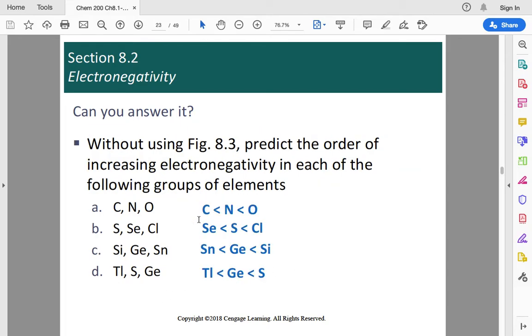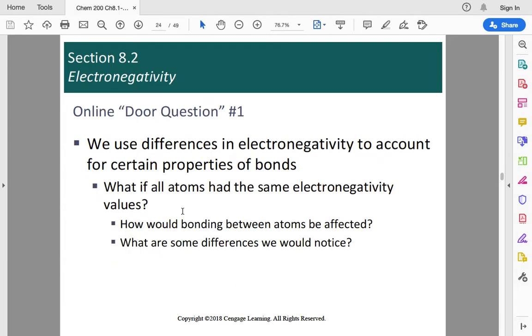So I'm just going to go through this first one with you really quick. You can look at the other ones, but they all follow the trends. We know that carbon is more to the left than nitrogen, then oxygen to the right. And we know that we increase in electronegativity as we go from left to right. You can do the same thing going top to bottom, and so on.